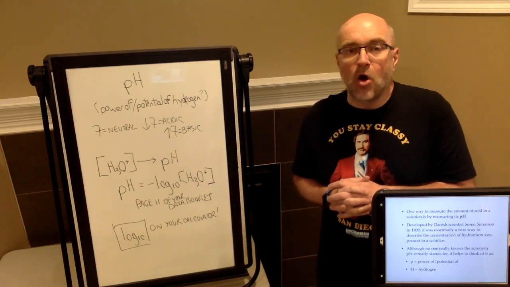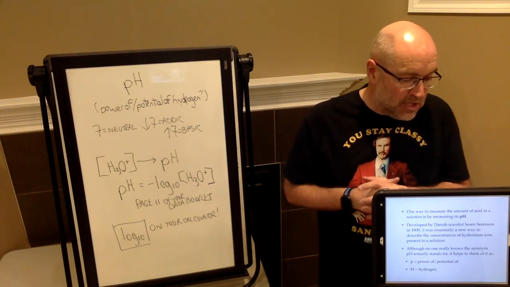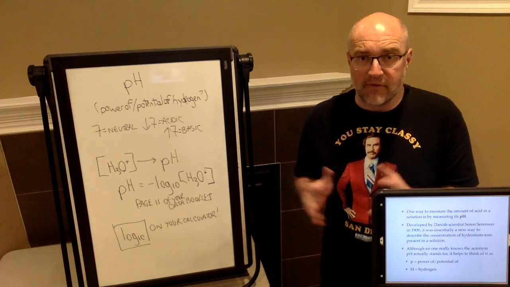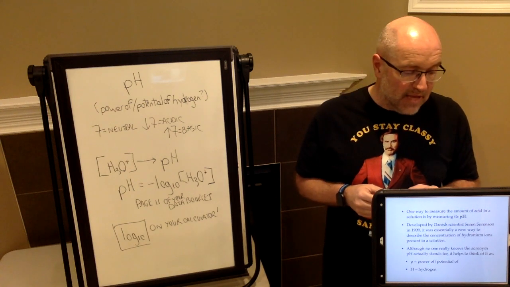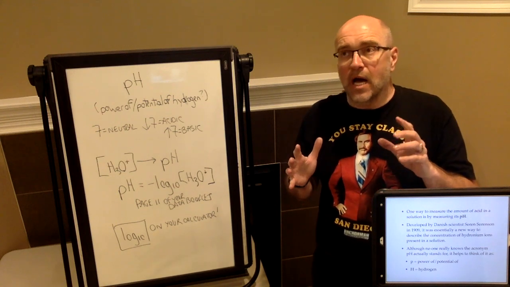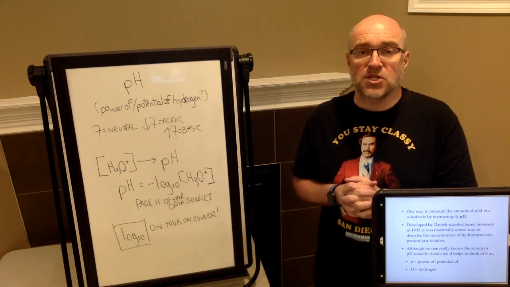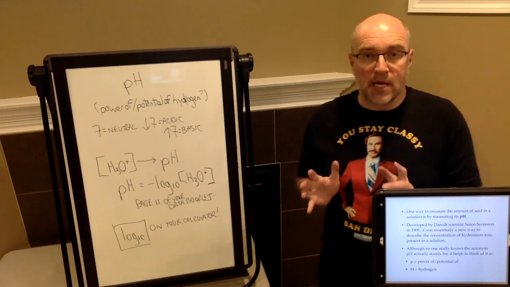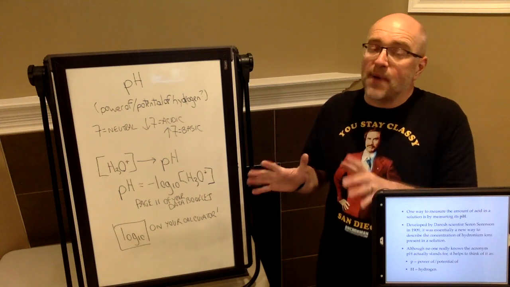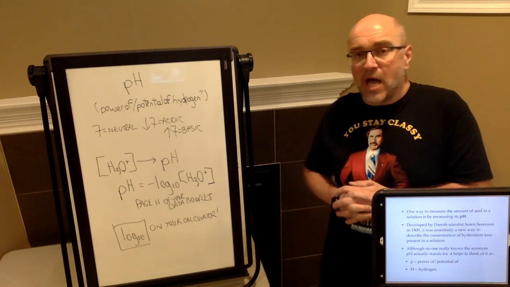You probably know the basics about pH. You understand that it has to do with the acidity of a solution, and it's a way to specifically measure the concentration of hydronium in a solution. That's what the pH scale is used for. There is another scale out there, and we're not going to discuss it heavily.